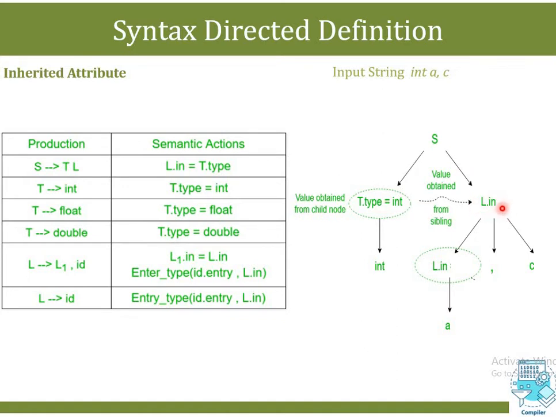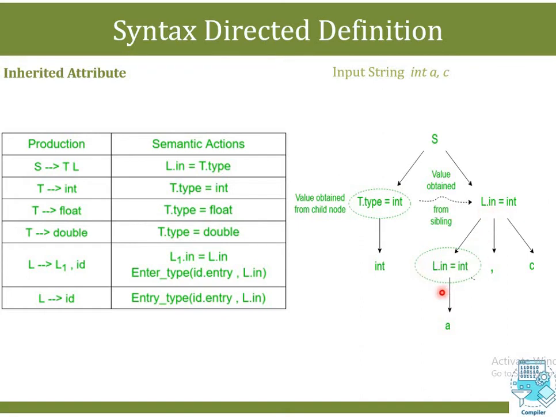Are you getting it? So we are referring to the value of its sibling. The in attribute is an inherited attribute. Why is it inherited? Because for evaluating its value, it is referring to its sibling node. That's why it is an inherited attribute.